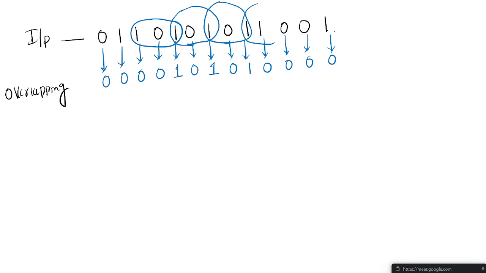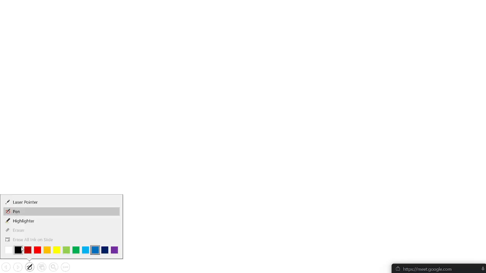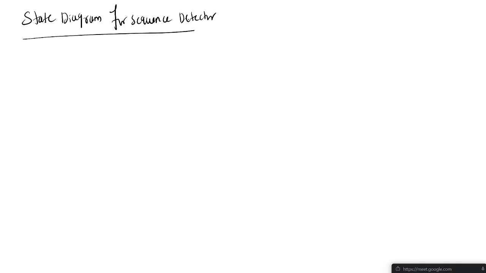So next, the state diagram for the sequence detector. How to draw the state diagram for a sequence detector? First, start with the initial state.